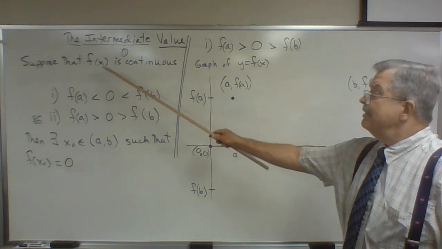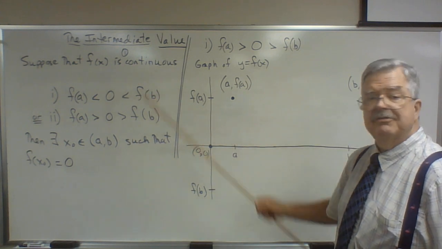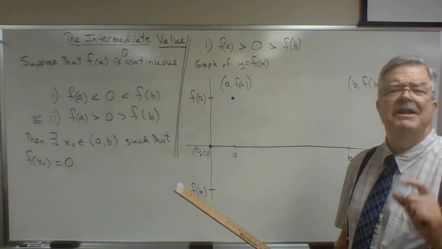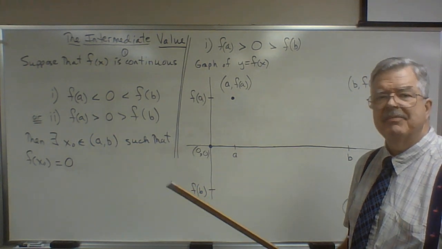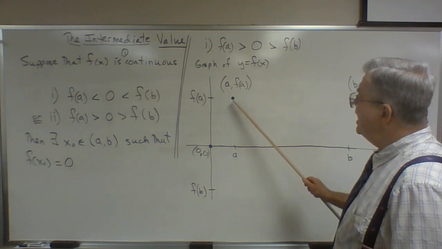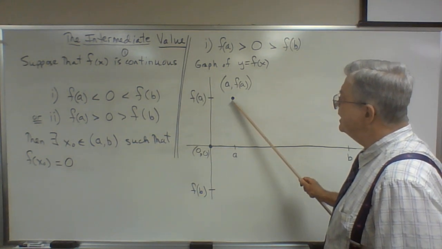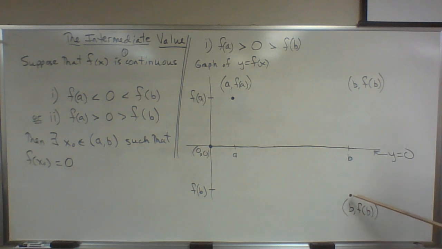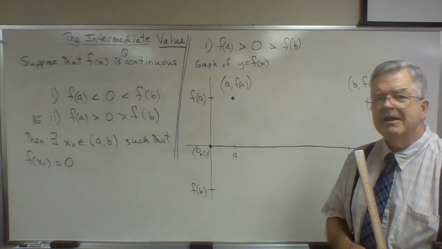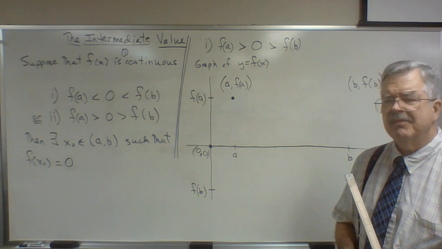And again, f of x is continuous. So the graph of f of x is one connected piece of spaghetti. And this graph that's one connected piece has to go from here, the point a, f of a, to here, the point b, f of b. And it's one piece.